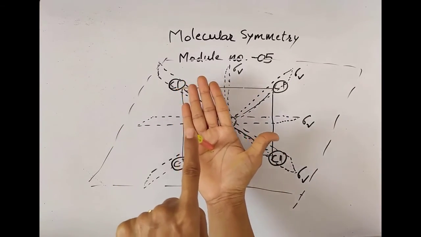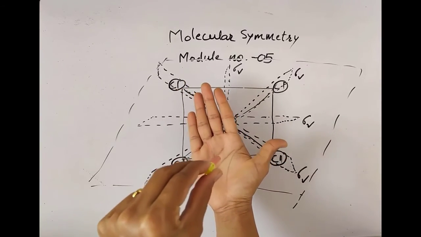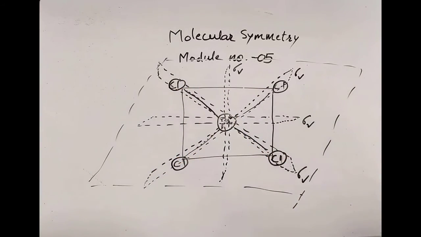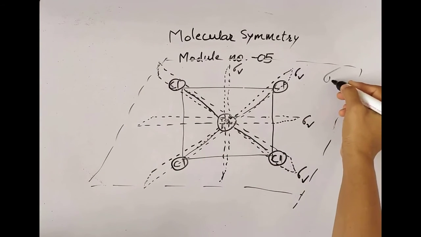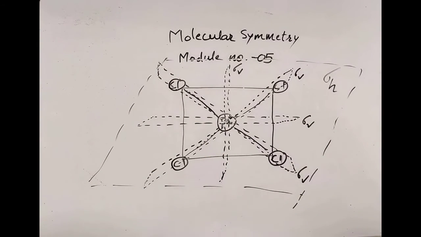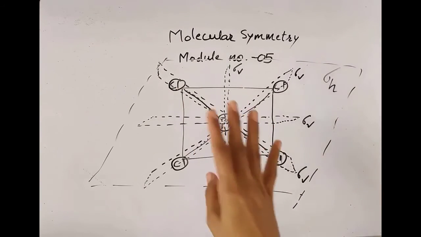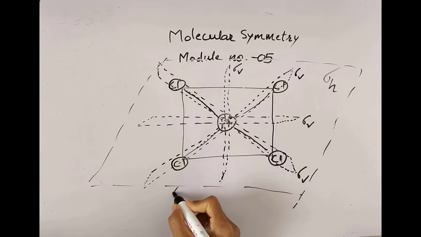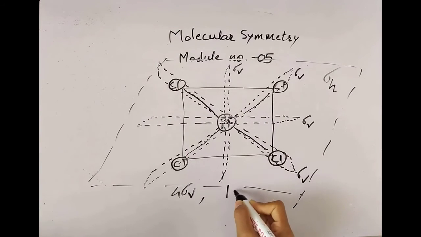And as the plane and axis are perpendicular to each other, this fifth plane is called sigma h. So in the PtCl4 molecule we have 4 vertical mirror planes, 4 sigma v, and there is 1 sigma h.